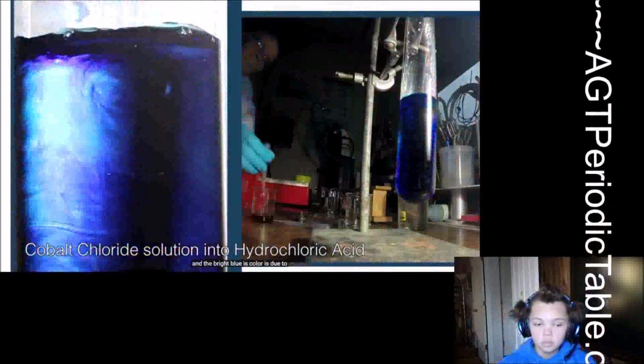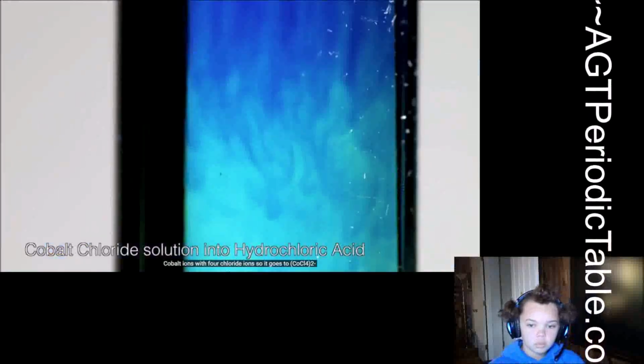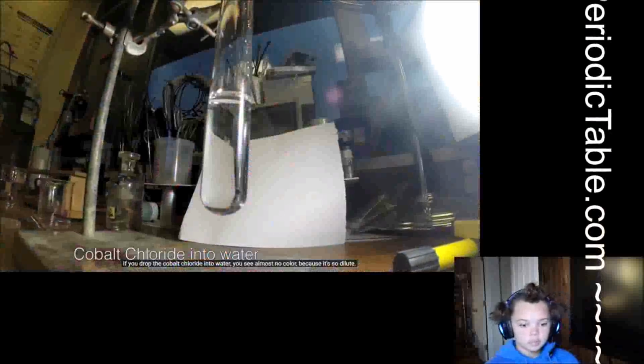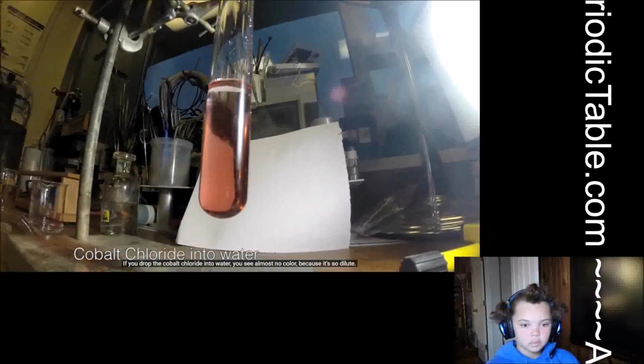And the bright blue colour is due to cobalt ions with 4 chloride ions. So it goes to CoCl4 2 minus, going from cobalt 2 plus to 2 minus ions. And the striking thing is, of course, that it's a much darker colour, even though we're diluting it. If you drop the cobalt chloride into water, you see almost no colour because it's so dilute.